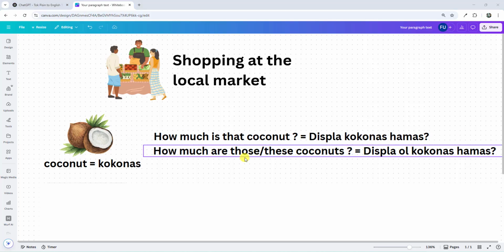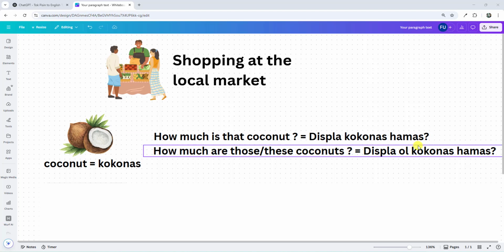So now the plural form for more than one coconut. In English, you might ask, how much are those or these coconuts? In TOK PISIN, we'll say Displa all Kokonas hamas.